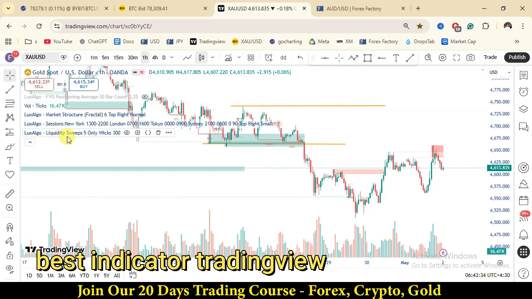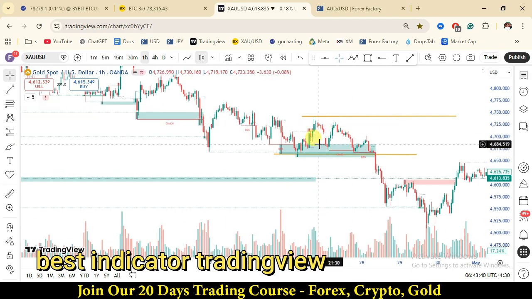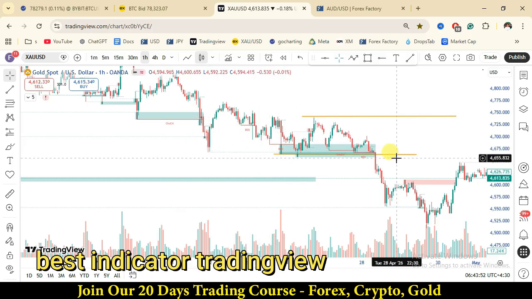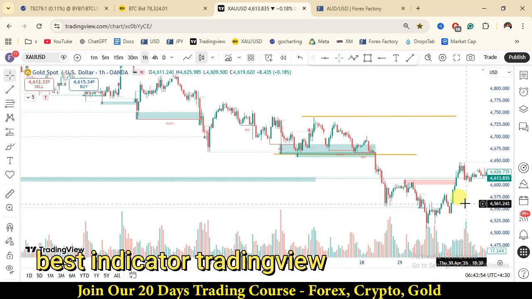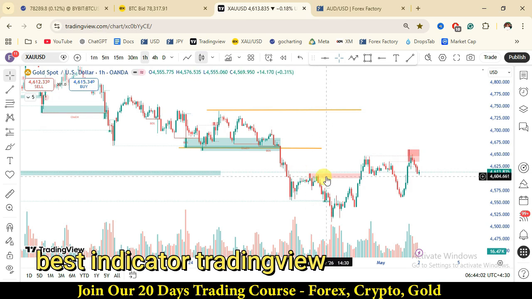I mostly use liquidity sweep and market structure, because I don't want to draw lines to show where the market is going. It automatically shows me where the market changes character, where the break of structure is, higher highs, lower lows. Also I know where the liquidity is right now. You can see there is liquidity right here.